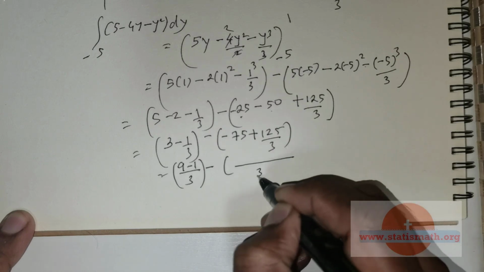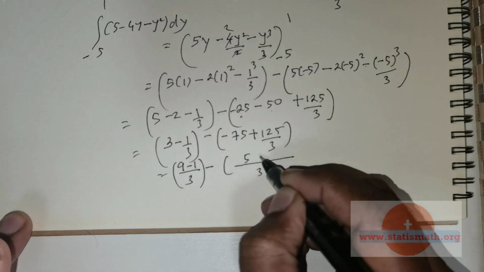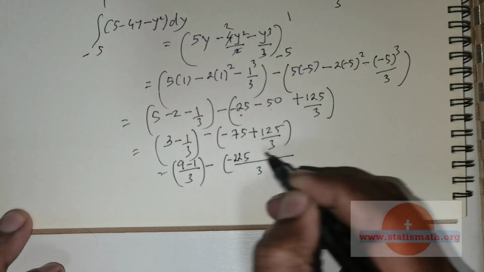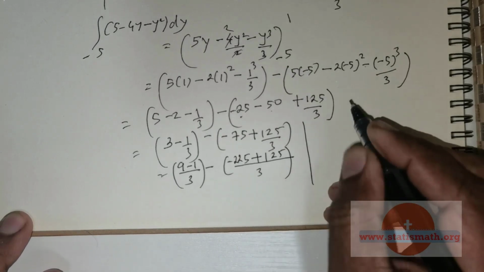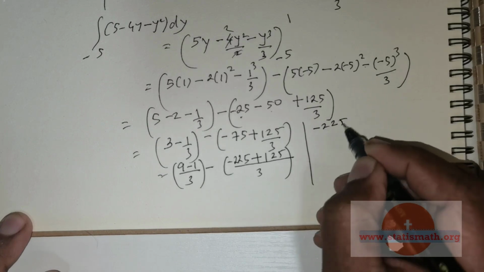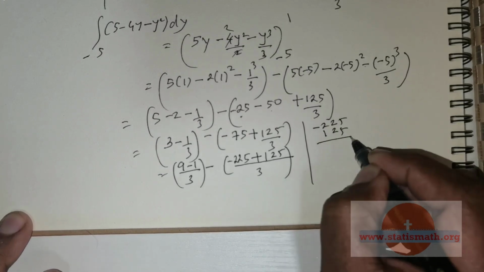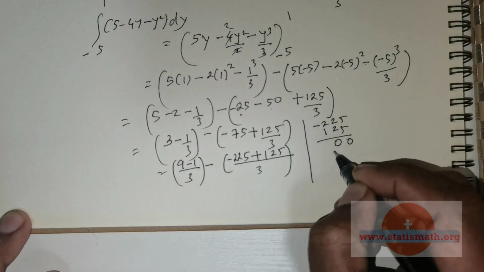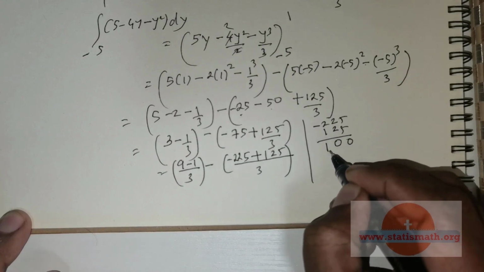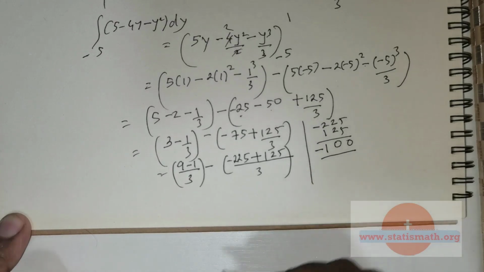If I take the LCM as 3, -75 times 3 is -225, added with 125. This will give me -100.